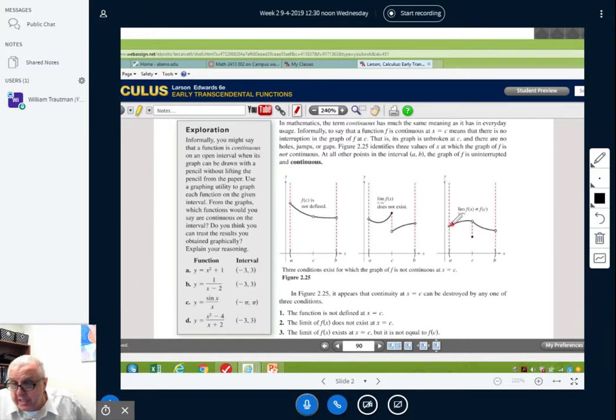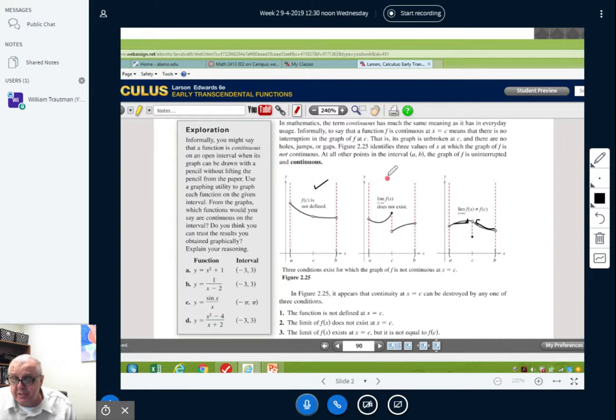Here, once again, every x value is defined. Even at f of c, it's defined, and then we continue on. So every x value is defined. And the limit does exist because when I approach here and I approach here, it's approaching the same y value. So it passes this test.